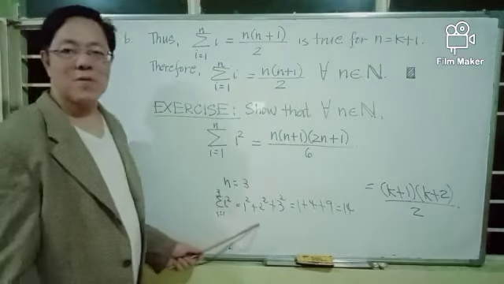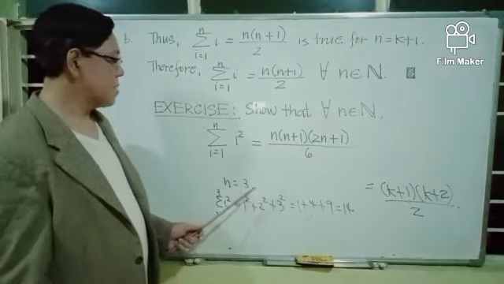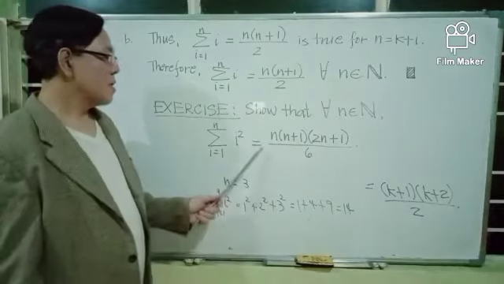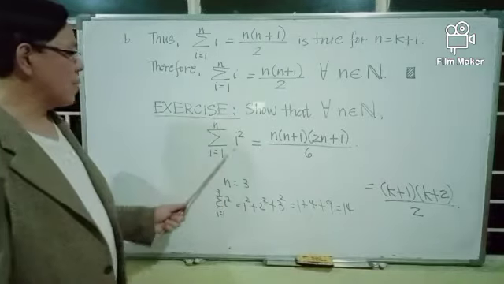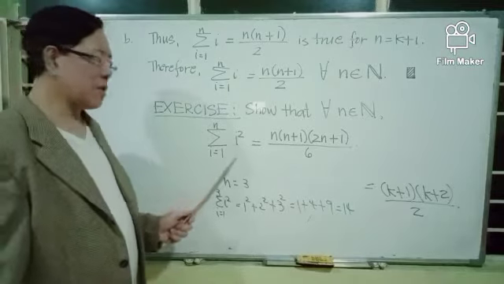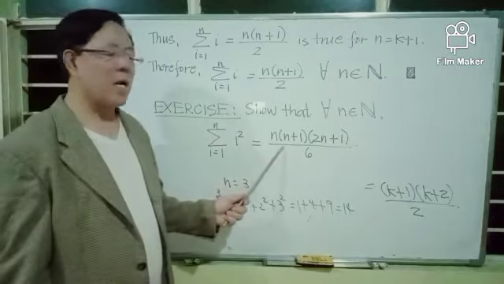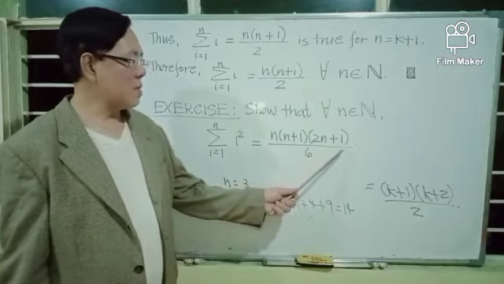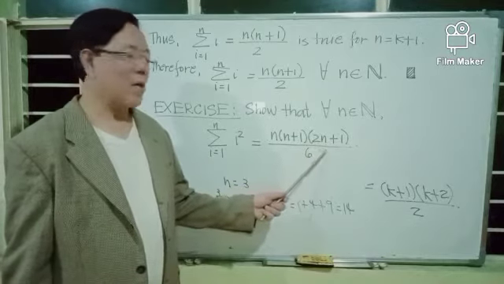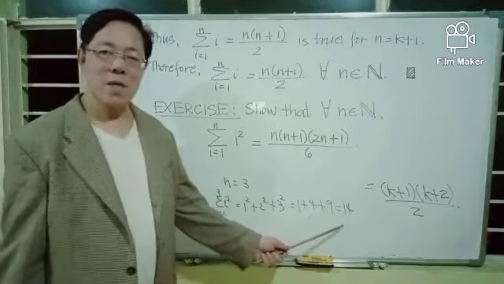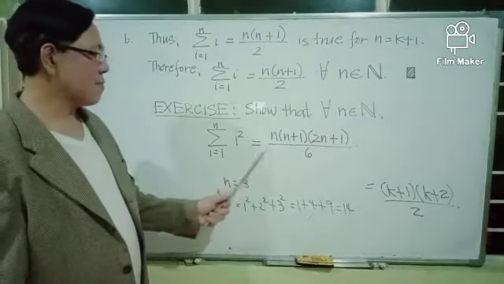But instead of performing this long addition and getting the square of each integer and adding the squares, you may compute the sum of the squares of the first n integers, the integers 1 to n, by computing n times quantity n plus 1, quantity 2n plus 1 all over 6. Let us check if 14 is correct for n equals 3.